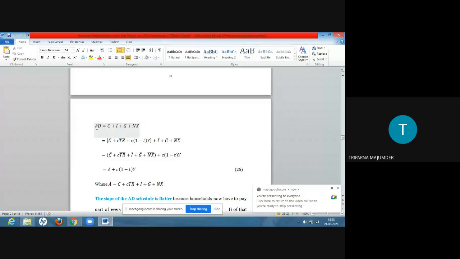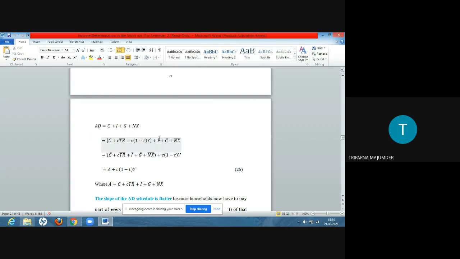Now, we substitute for the consumption function as we have derived just in the equation above, which is C bar plus small c into TR bar plus c into 1 minus t into Y. This is our consumption function.